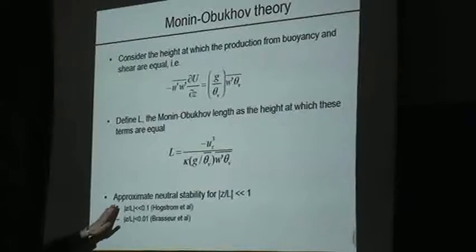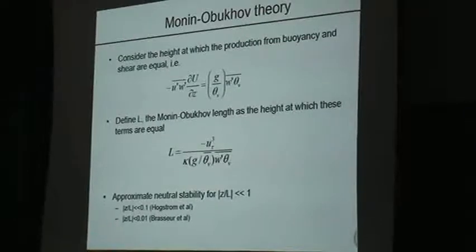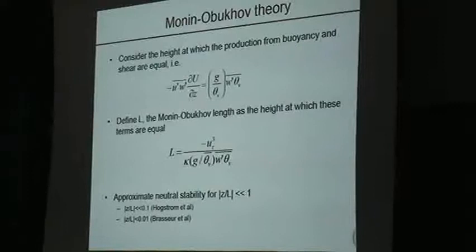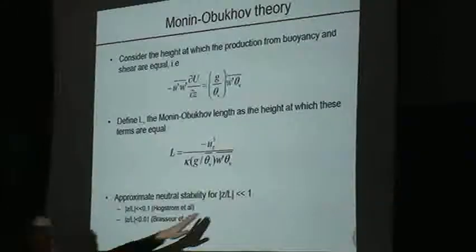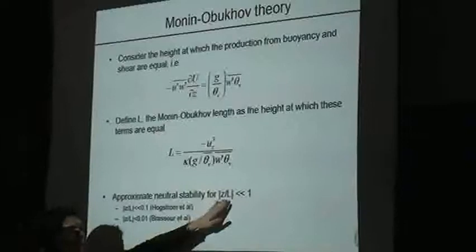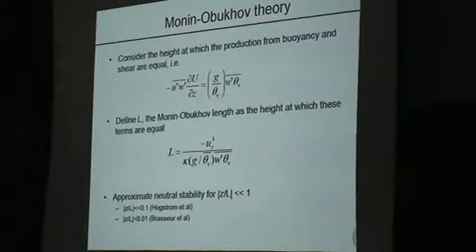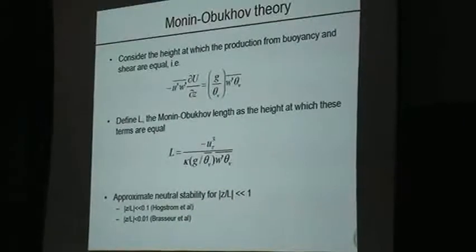So, as I mentioned, you want to be far away from that if you want to be in a regime that's dominated by mechanical shear. So we want the magnitude of the height at which we're measuring divided by the Monin-Obukhov length to be small. Now, it could be of either sign, depending on whether the flow is stable or unstable, but we certainly want to be a long way from that.